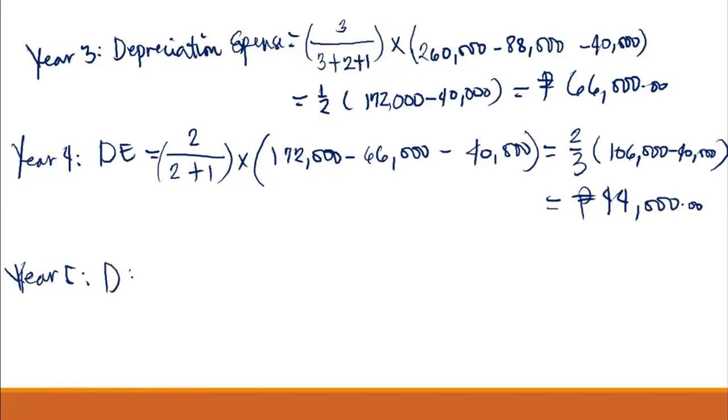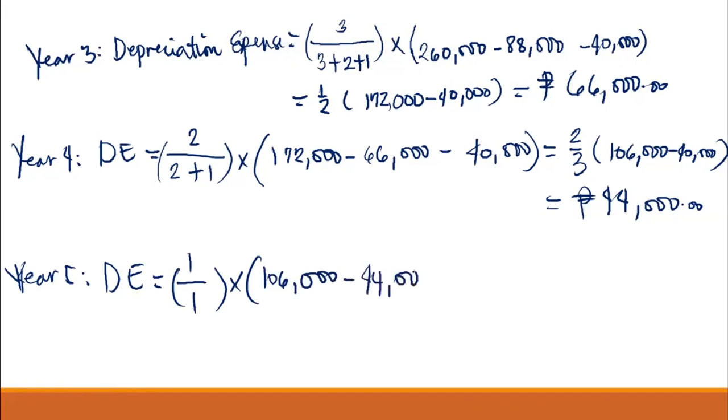For the depreciation expense, so the remaining life is 1 over the sum of years, which is 1 times 106,000 minus yung 44,000 na depreciation expense on the 4th year minus the scrap value o yung residual value.